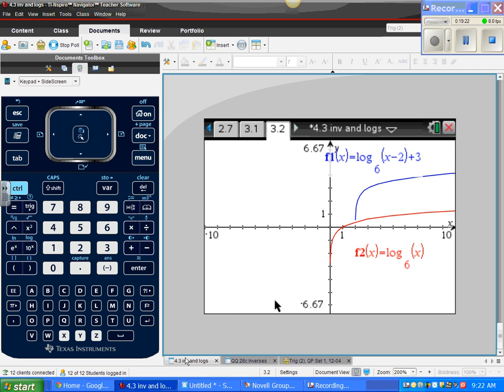You're going to describe the translation from the parent function to the new function. How has it changed? In your words, describe to me how it has changed.